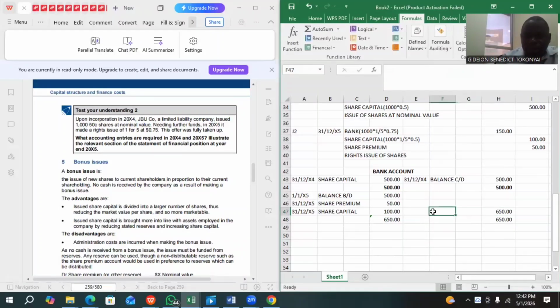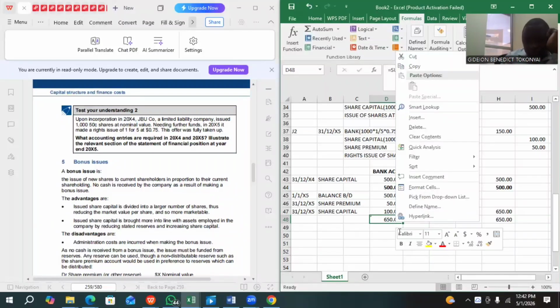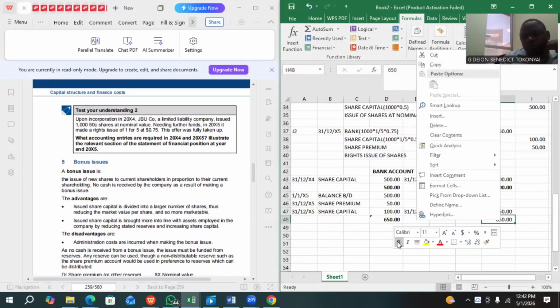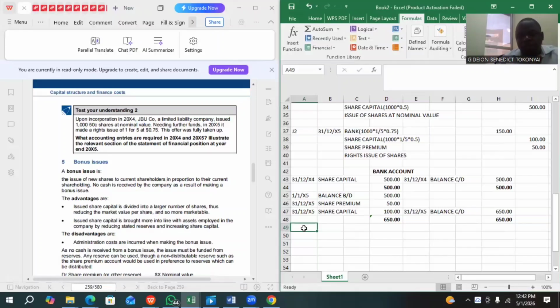That's the balance carried down at 1 January 20X6, balance brought down 650. So our bank account is done.